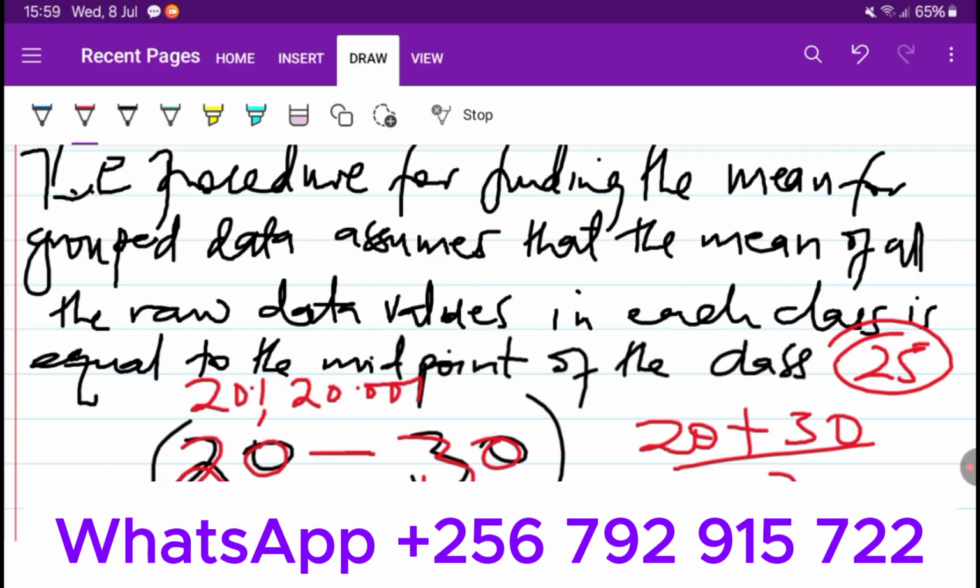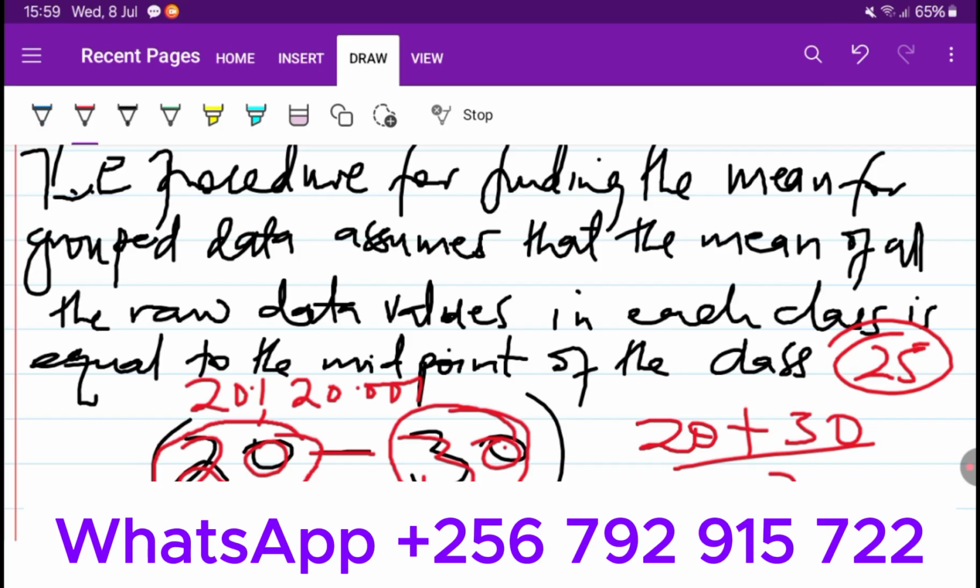So we just assume that the average of all the values within this range equals the summation of the lower class limit and the upper class limit divided by 2. That's the midpoint.